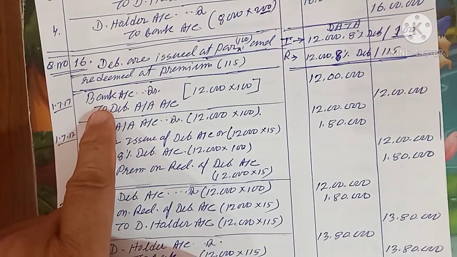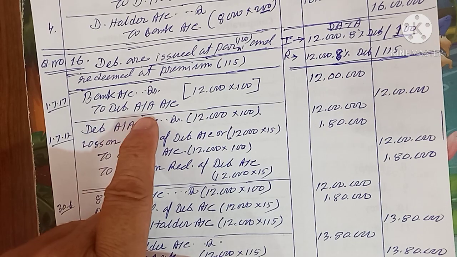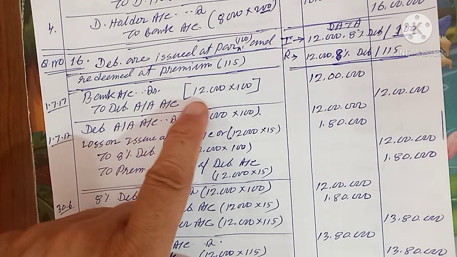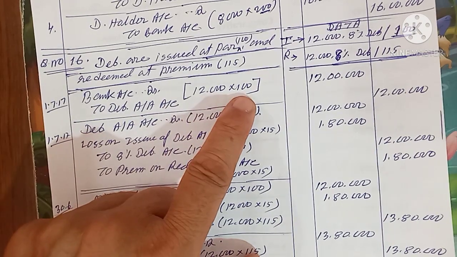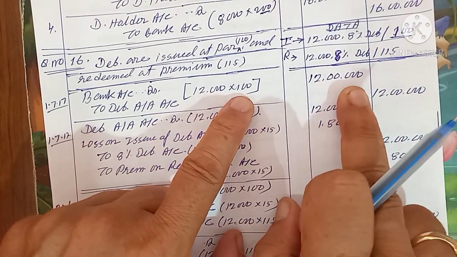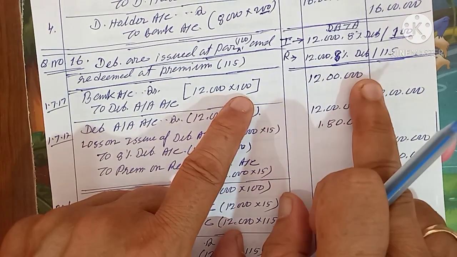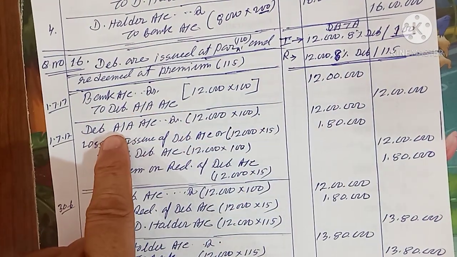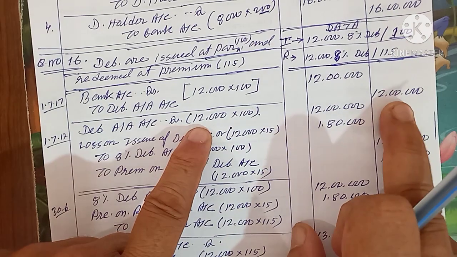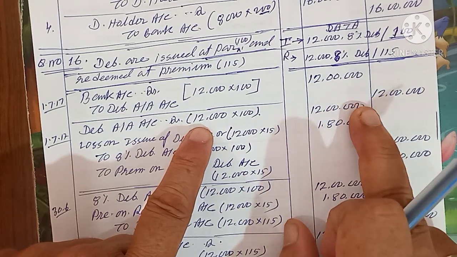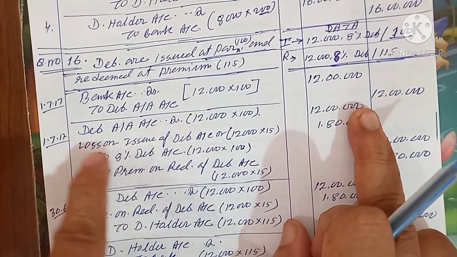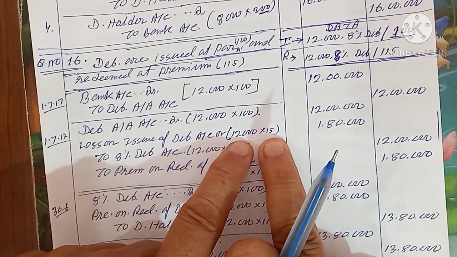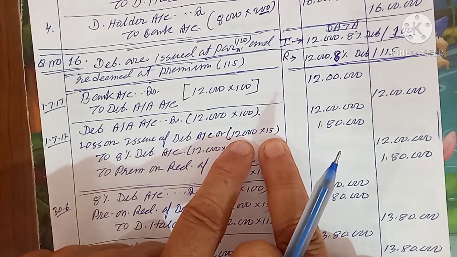So number 1, bank account debit to debenture applications and allotment. You are collecting how many? 12,000 debentures of rupees 100, that is 12 lakhs. Bank account debit to debenture applications and allotment. Now debenture applications and allotment account debit, as I told you several times, 12 lakh is coming. Now loss on issue of debenture account, that is the 15 rupees extra which you have to pay during the time of redemption.